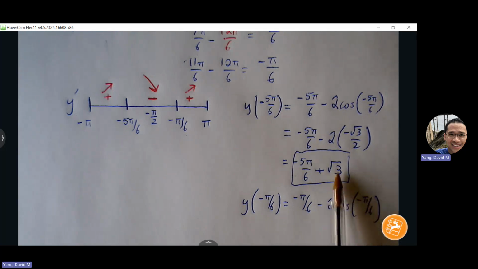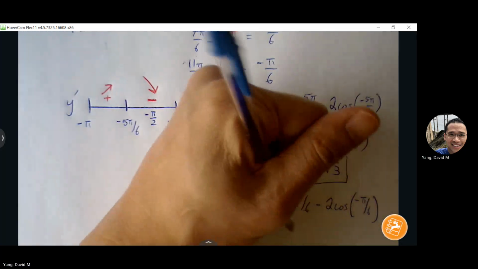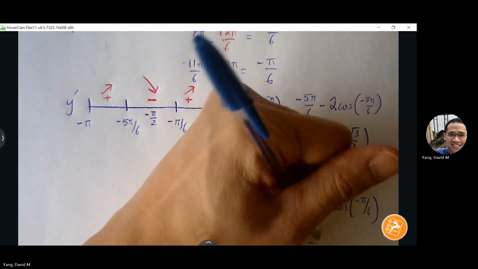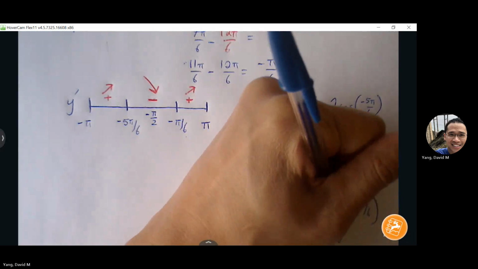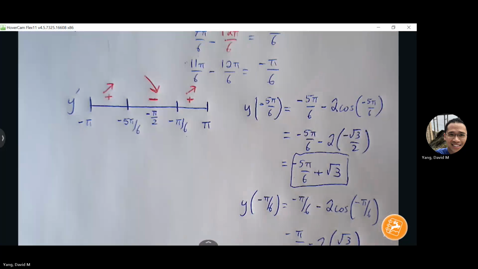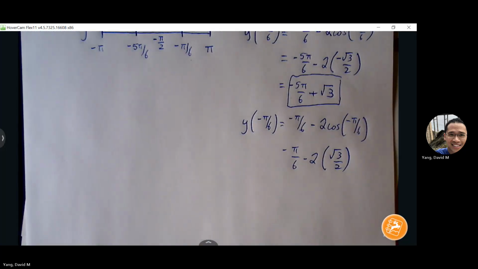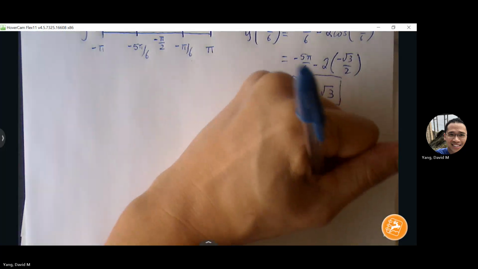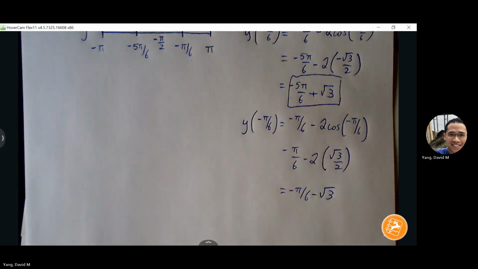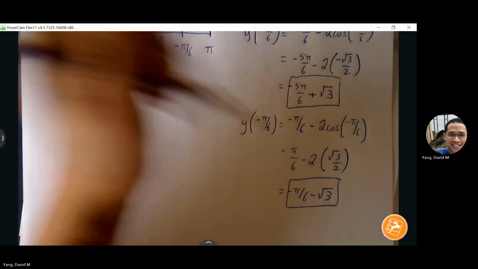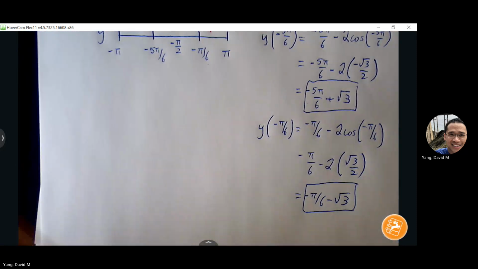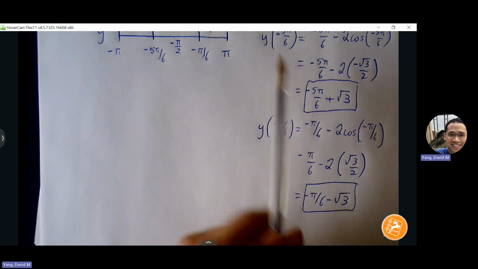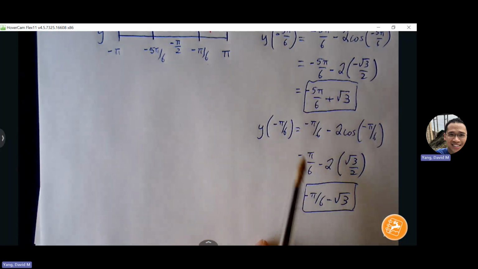So it's going to be a positive root 3 over 2. And we have an ordered pair for relative max. We have an ordered pair for relative min.